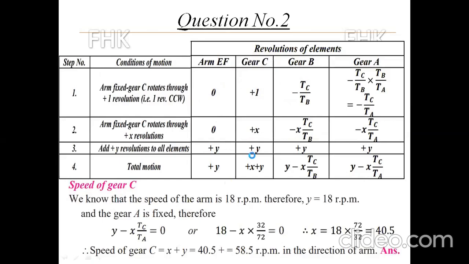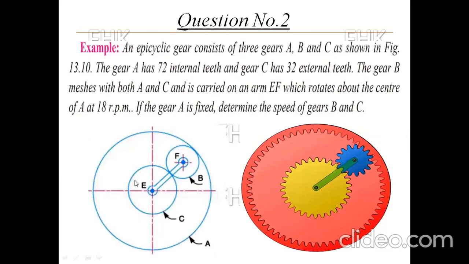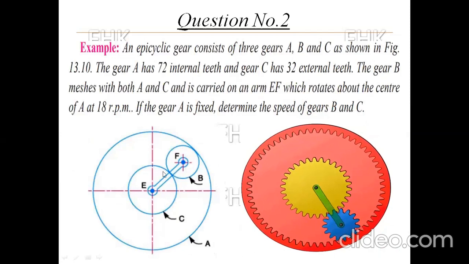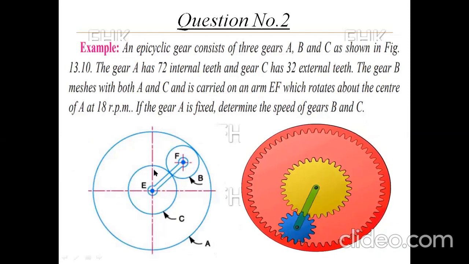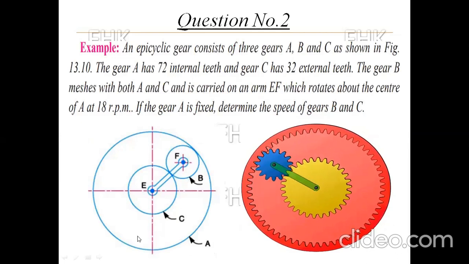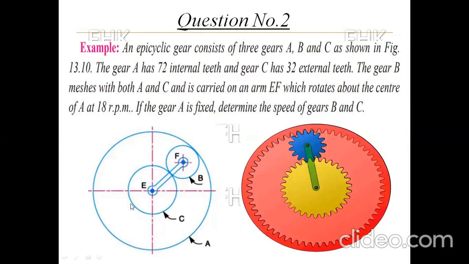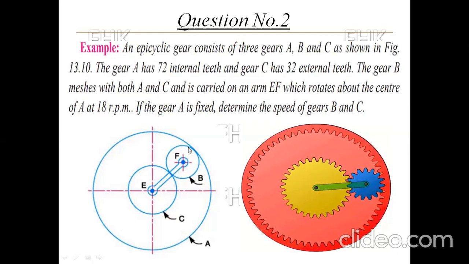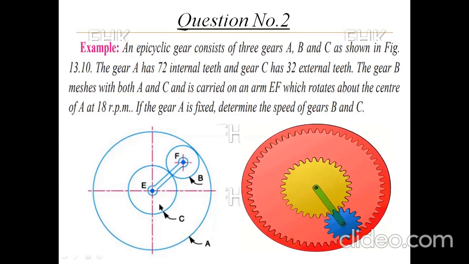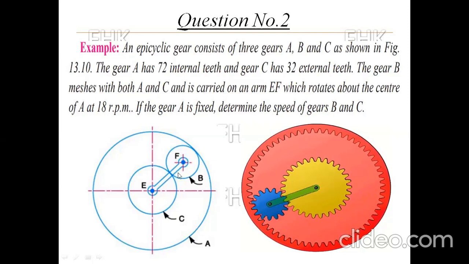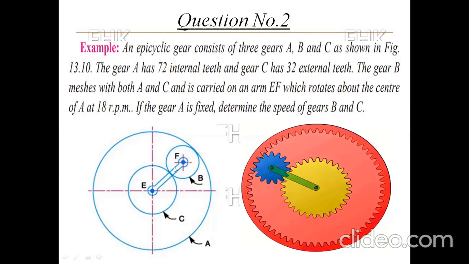How? This is the diameter of C, this is the diameter of B, and the same diameter of B will be here. So the total diameter of A, dA, is equal to dC plus 2 dB.